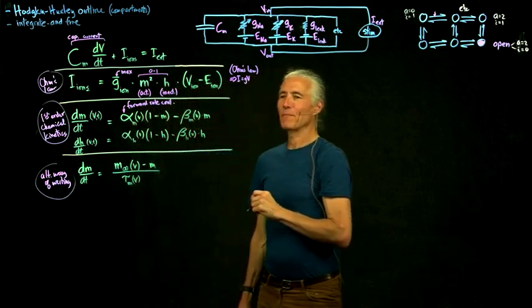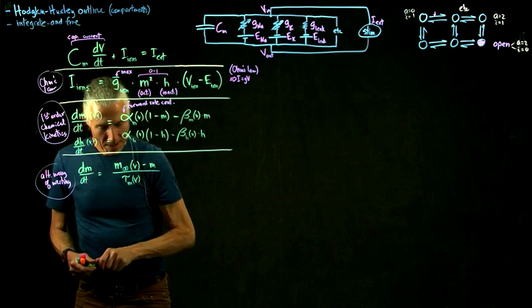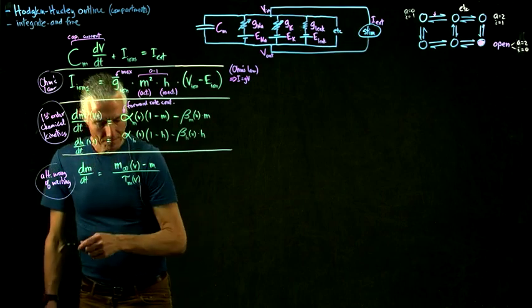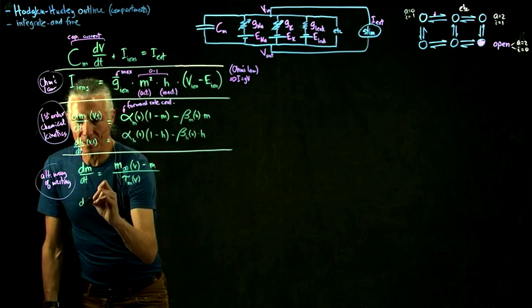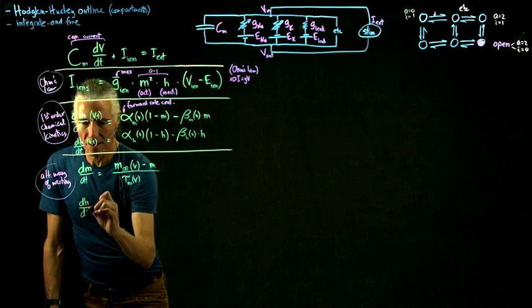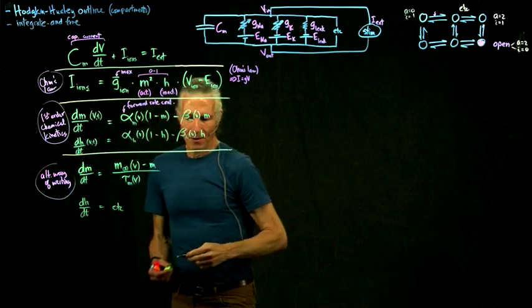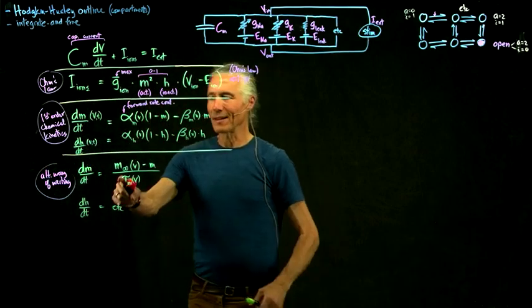Okay, so that's another way of writing that equation, and we've got a similar one for dh dt. I won't write it out. dh dt equals etc. Okay, so now let's unpack these guys.